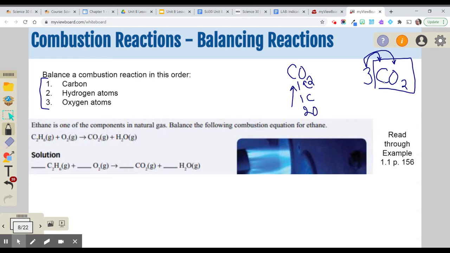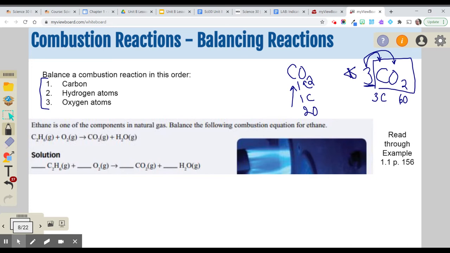Because we only had 1 carbon to begin with, 3 times the 1 carbon, we now have 3 carbons. And then 3 times this little subscript 2 tells us we have 6 oxygens. Okay, just wanted to make sure that that's clear and that you're not adding that 3, that prefix number. Coefficient. Thank you.